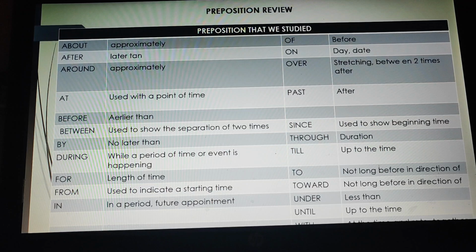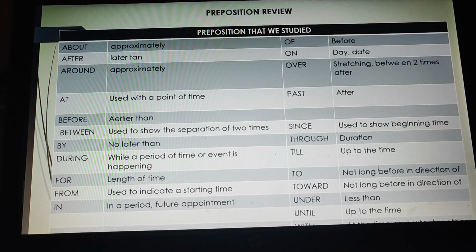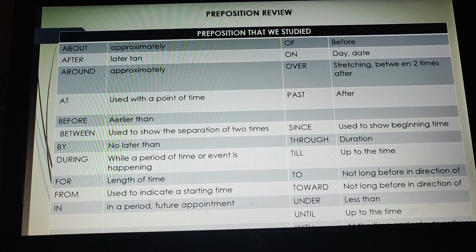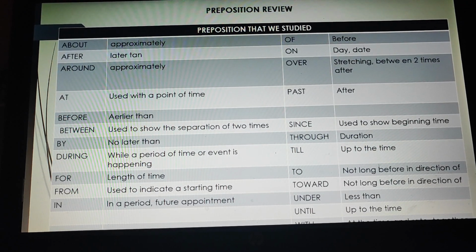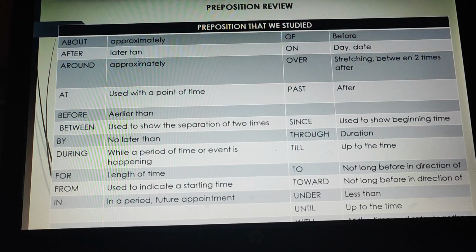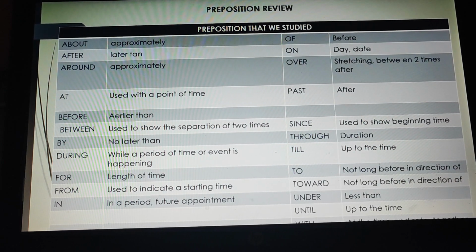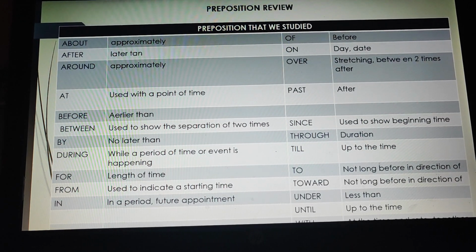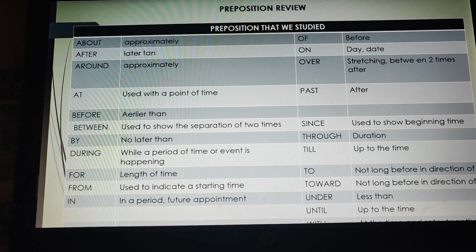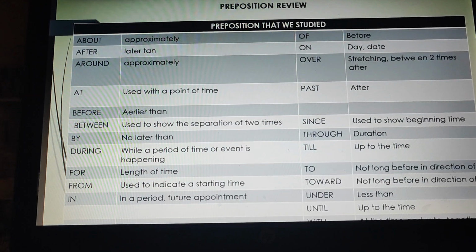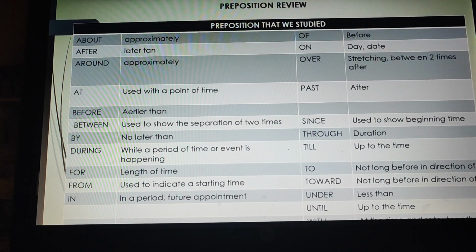That means, in this case, the sentence says at 9:45. With before: check in with the captain before 3 o'clock. In this case, it is emphasizing the hour. Before, earlier than.